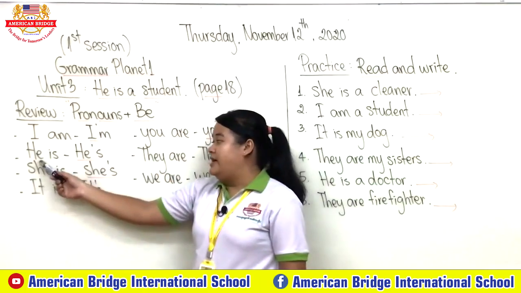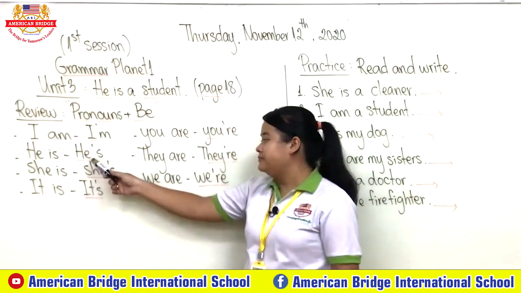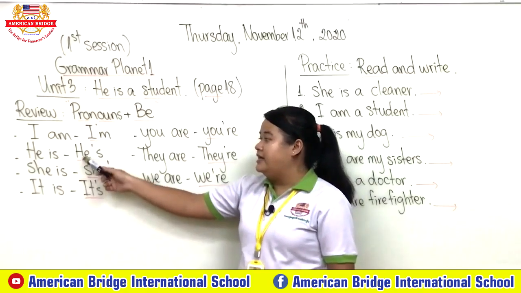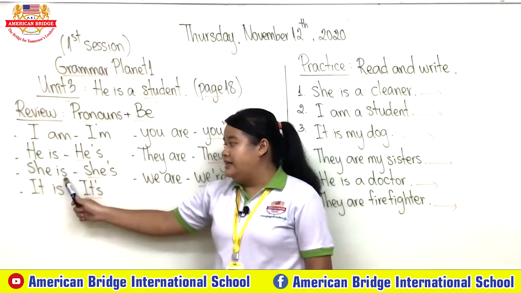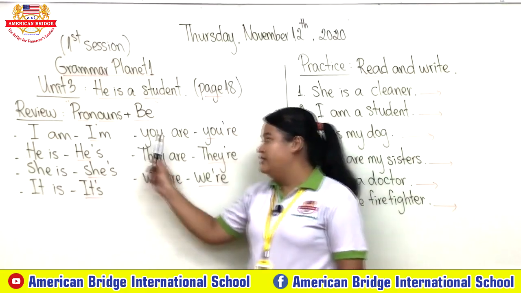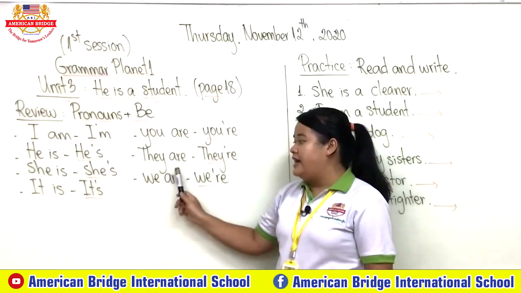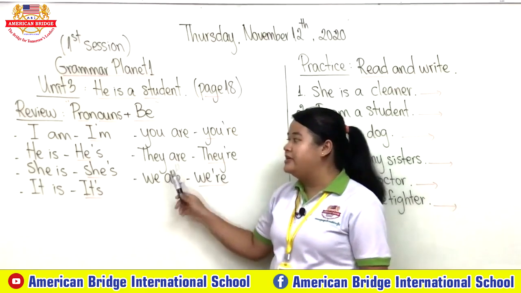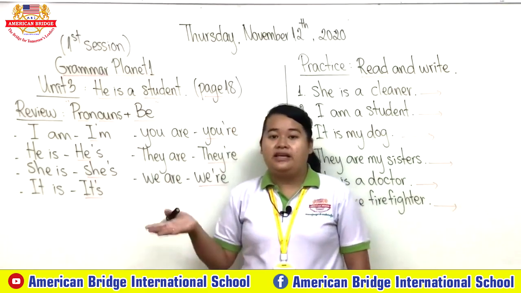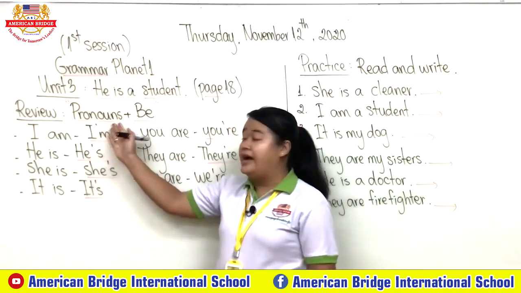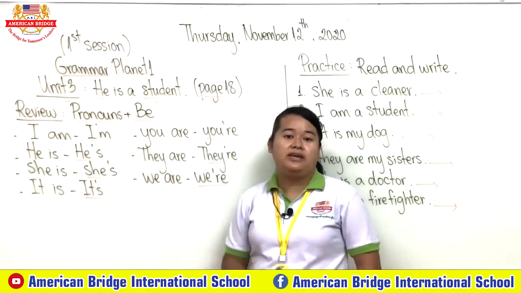This one also: he is, he apostrophe s. She is, it is, you are, they are, we are. This is what we learned yesterday, that we call pronoun plus be, right?